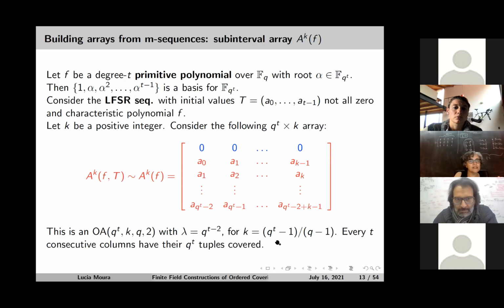Remember, my slice has size k, q^t minus 1 divided by q minus 1. So one of those whole slices of the sequence I put here. Then I start in the next position, A1, and I put that next slice, and so on until the last element of the period, which of course is cyclic, and I put that slice as well. So I put q^t minus 1 slices of the sequence, one below the other. And this will give us a lot of coverage of t-tuples that will be useful for us.